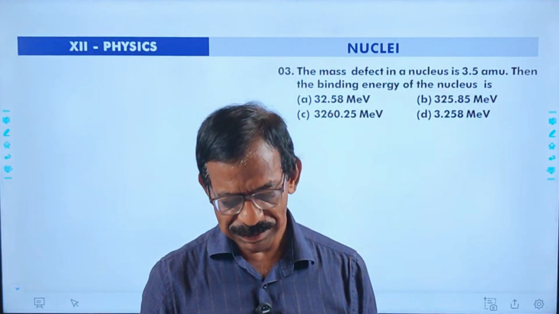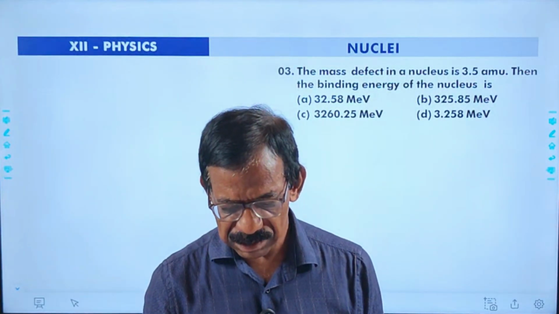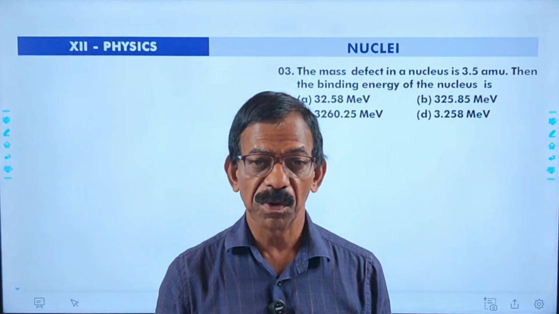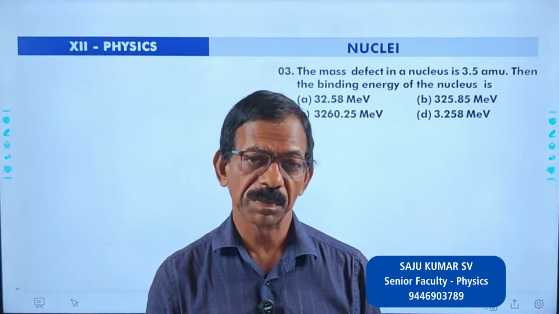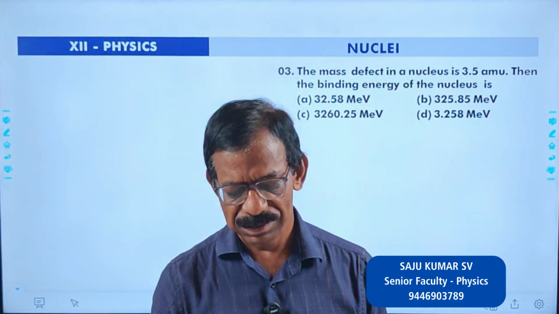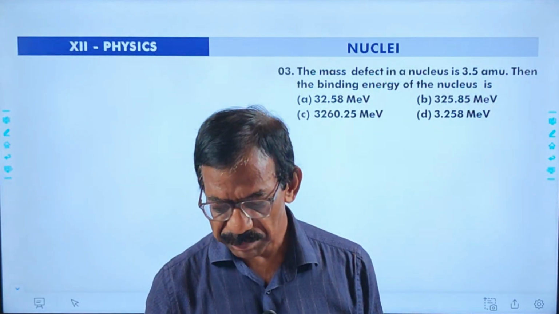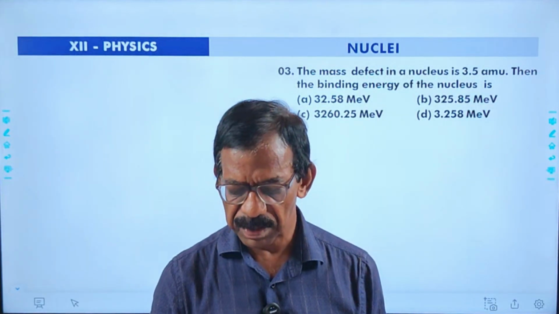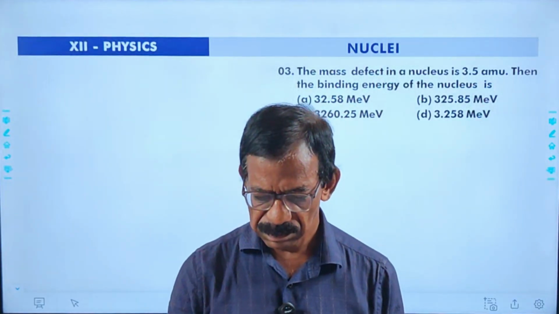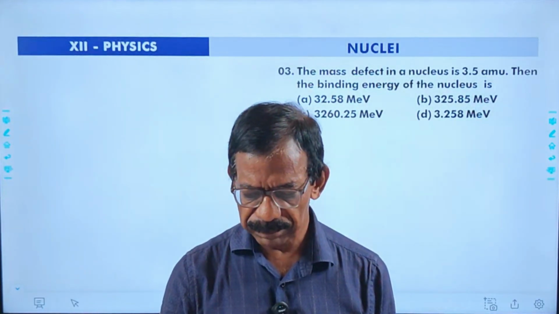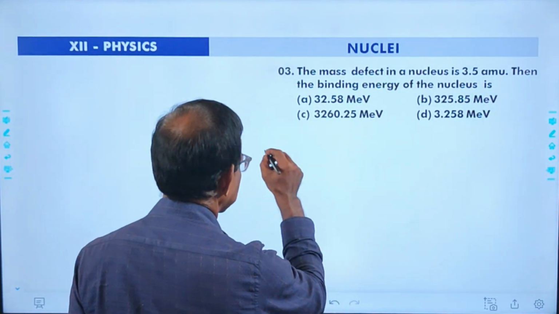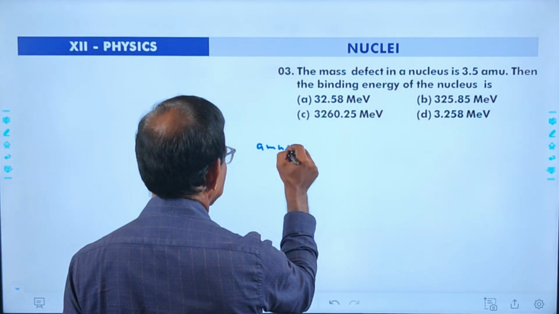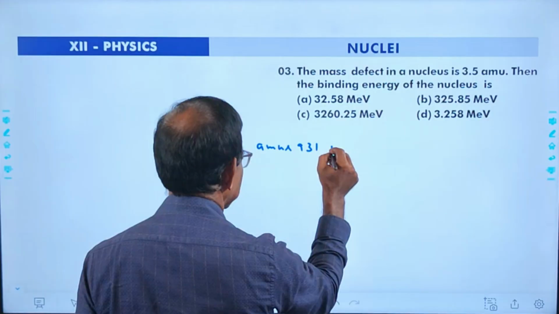Next is question number 3. The mass defect in a nucleus is 3.5 AMU. This mass defect is converted into energy, which is the basic principle in nuclear energy production. Find the binding energy required to bind the nucleons together. The energy equivalent of 3.5 AMU is simply AMU into 931, or maybe 931.5.